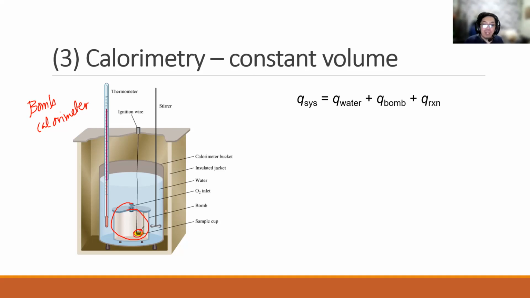And then you have air and an oxygen inlet so there's enough oxygen. And then an ignition wire to start the combustion reaction. And this is why it's called a bomb calorimeter: once combustion occurs, literally, you'll hear a blast. It's like a bomb.